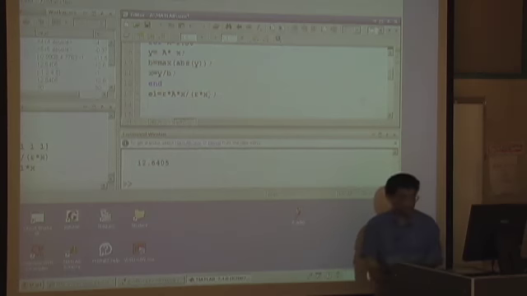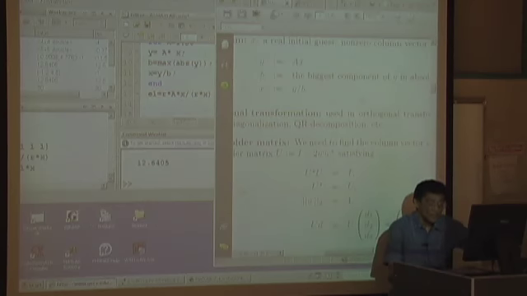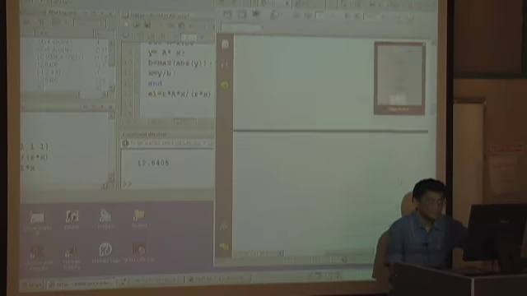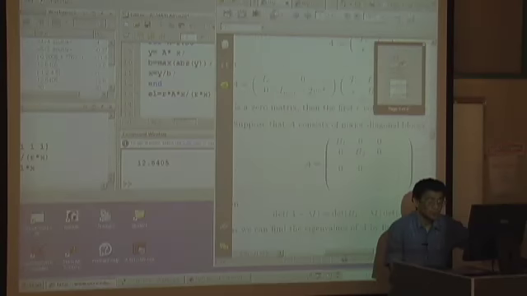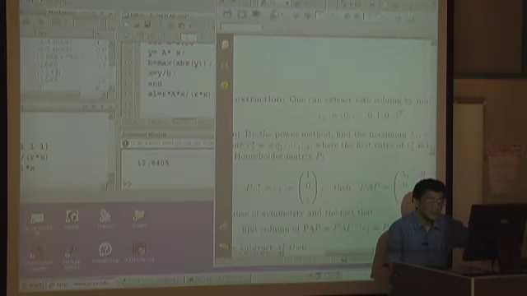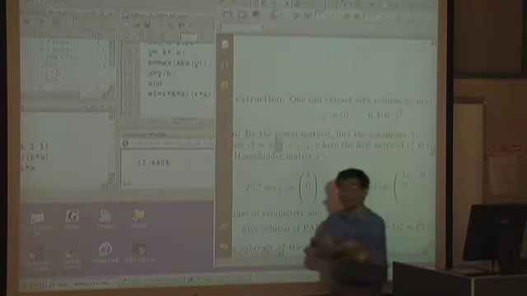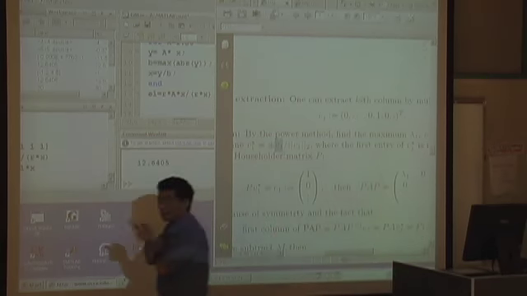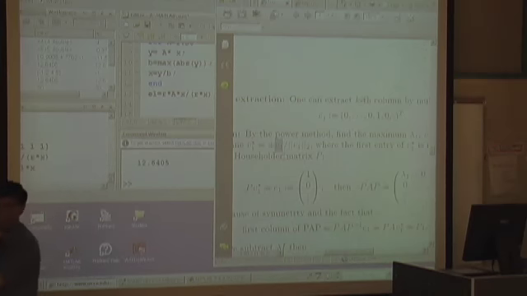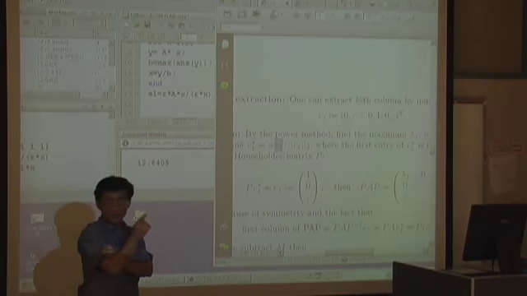I go to the theory part. This V1 is found, right? Then the 2 norm of V1 should be calculated, and V1 divided by the 2 norm of V1.